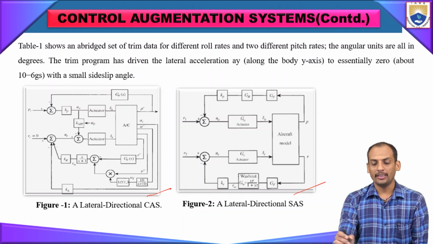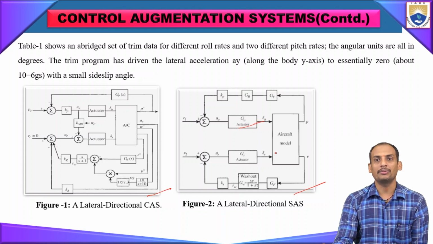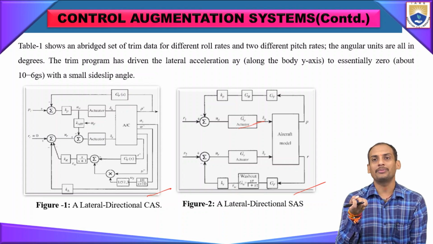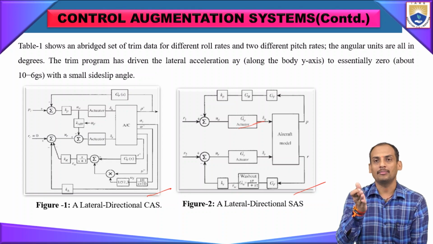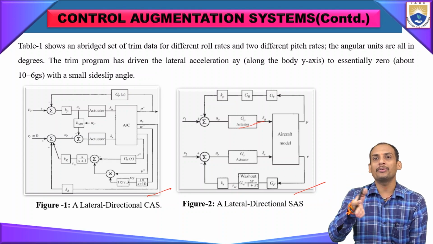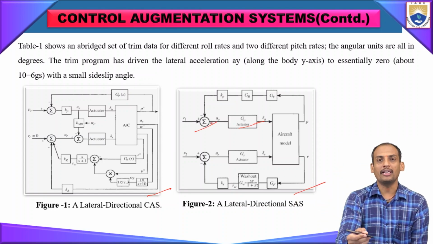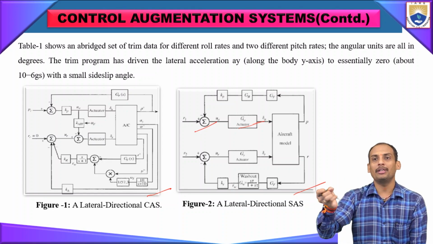In the SAS system, we have the transfer functions for the ailerons and rudder. The actuator and rudder transfer functions are installed, and from that transfer function the signal is transmitted to the control surface. From the control system, the feedback is fed into the summing amplifier, and based on that feedback only the control system will be operated.